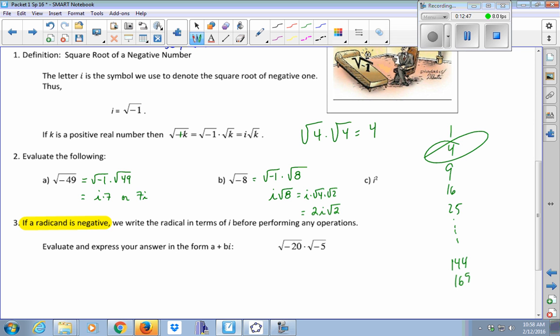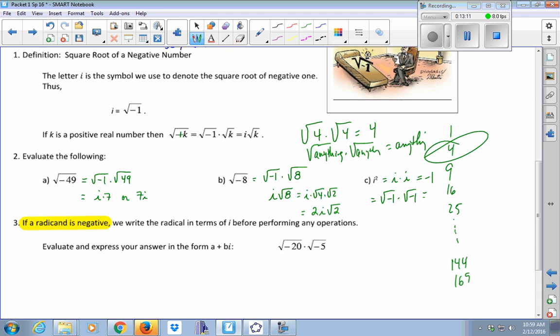4. Square root of anything times itself, square root of anything is what? Anything, right? So I squared represents I times I, and that says the square root of negative 1 times the square root of negative 1, which equals negative 1.